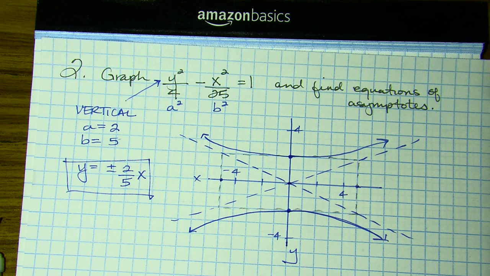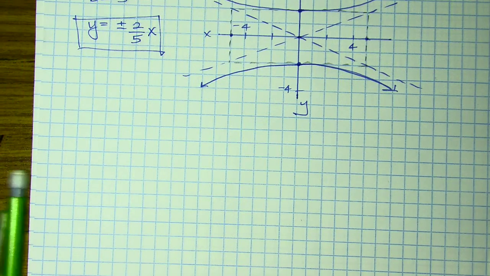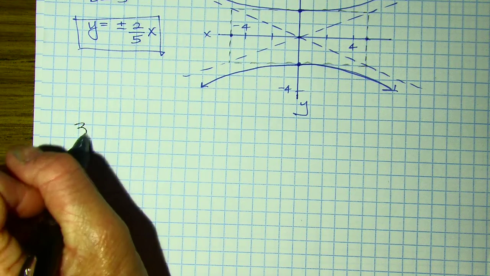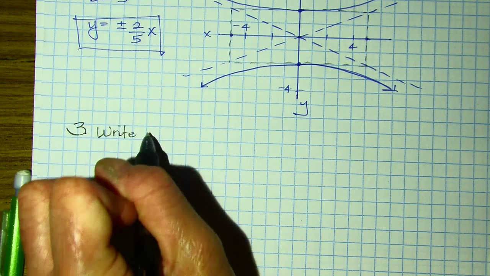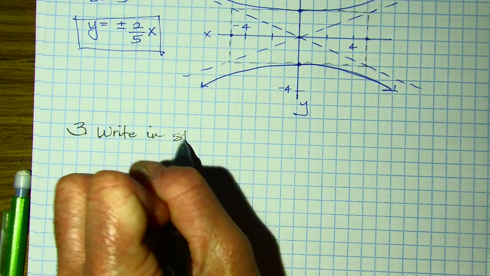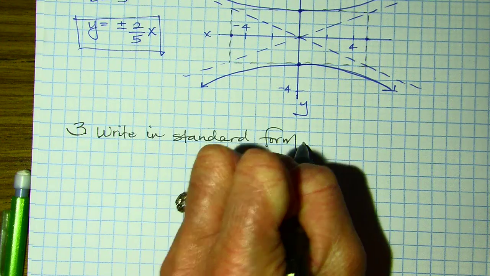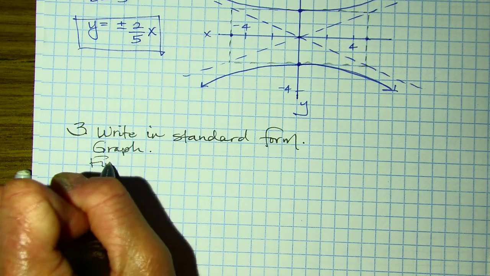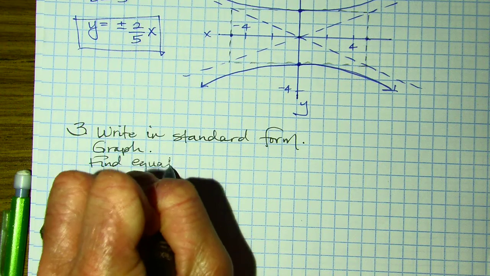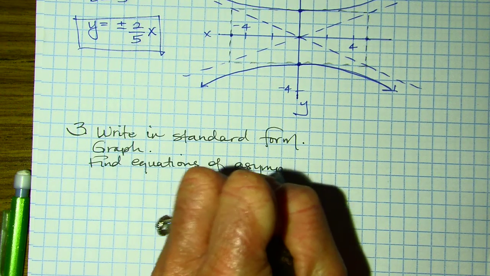Last one. They want us to do 3 things: write in standard form, graph, and find equations of asymptotes.